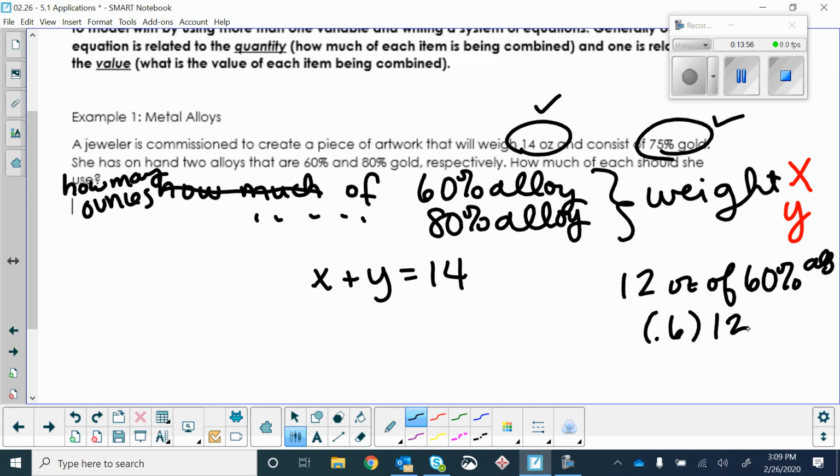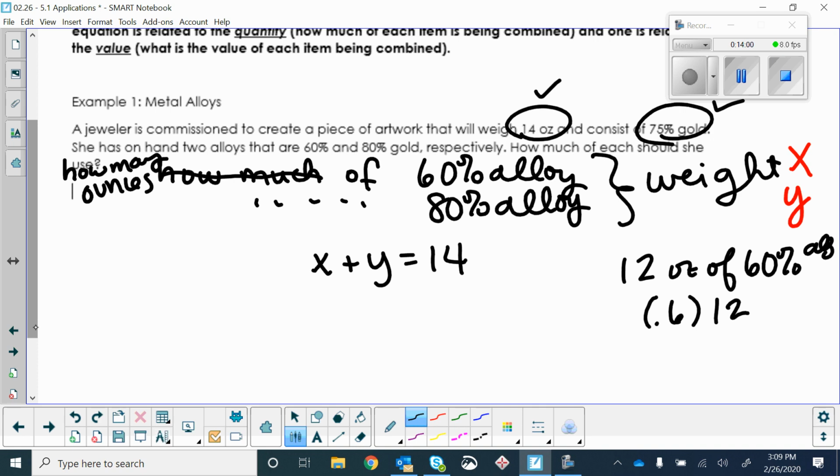So going back to this equation about the percentages. In this case, I knew that I had 12 ounces, and it was 60% of that. Over here, I don't know it. I'm trying to find it. But the math is still the same. 60% of whatever the weight is. Still multiplication.